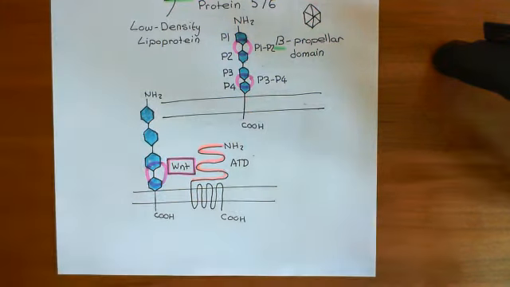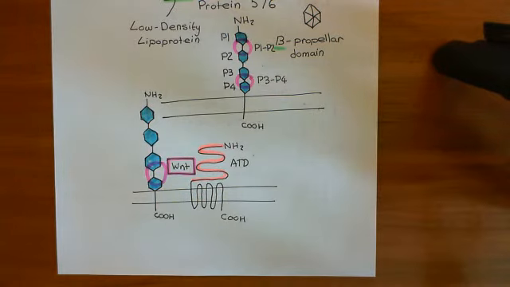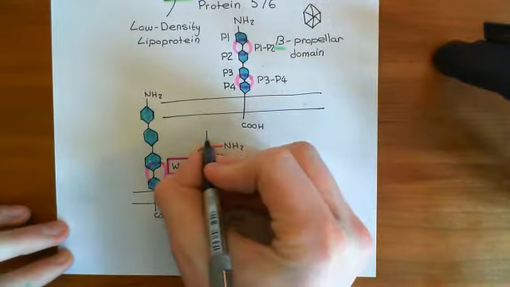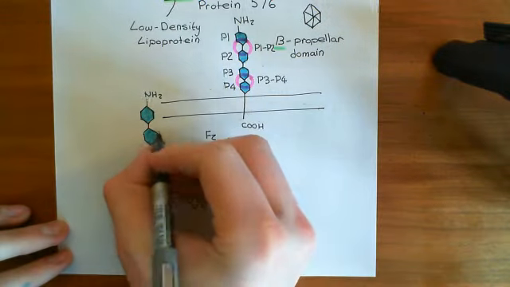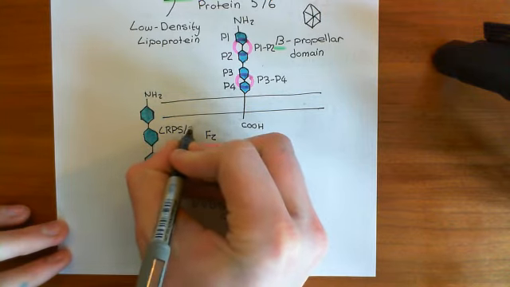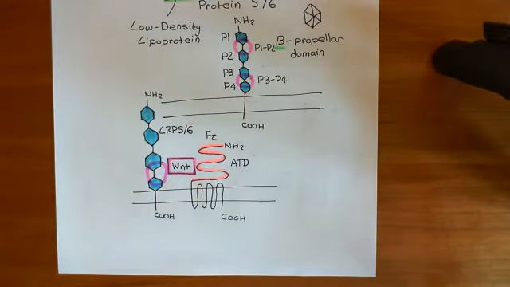So when Wnt is present, you get this dimerization of the Frizzled receptor, which I'll denote as FZ, and this is either LRP5 slash LRP6.